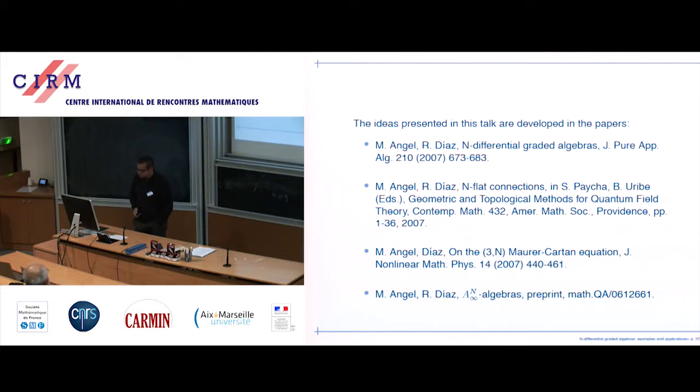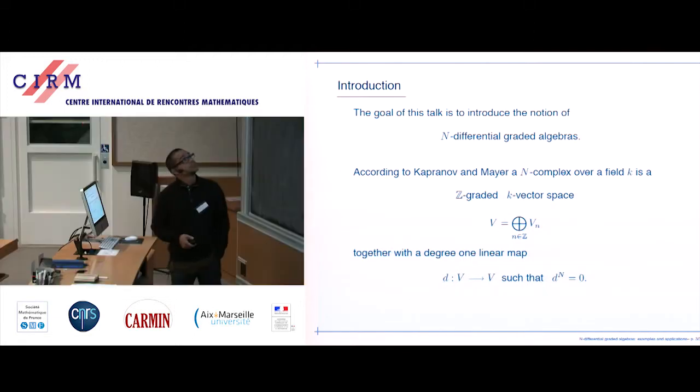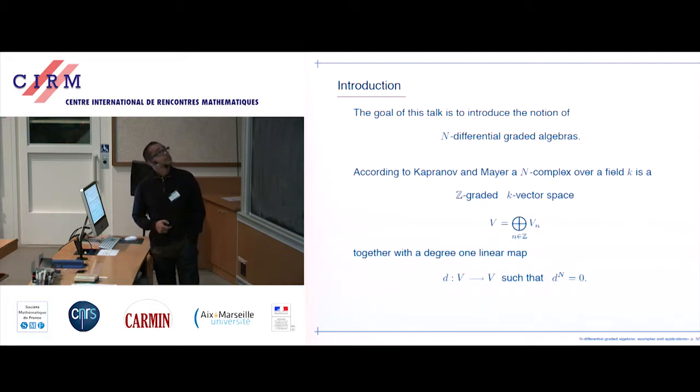First of all, I will give you the definition of a differential complex. This definition has been introduced several times and then forgotten. It was, I think, originally introduced by Meyer, but it became, at least for me, more known through some paper by Kapranov.